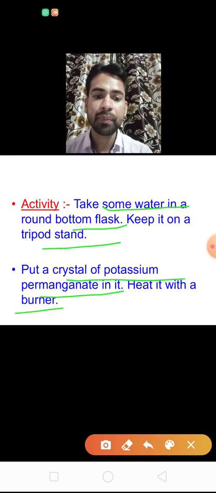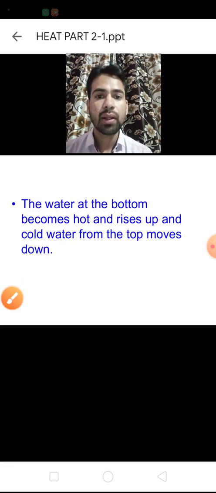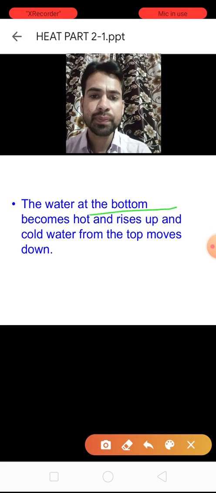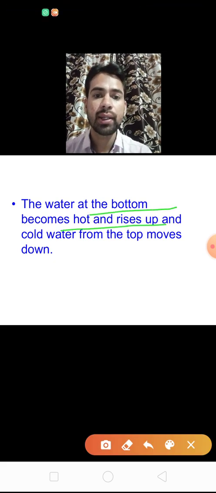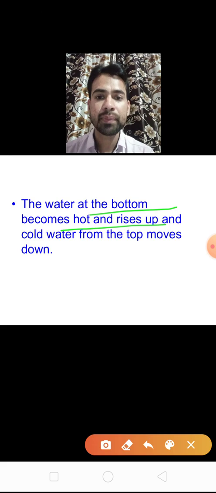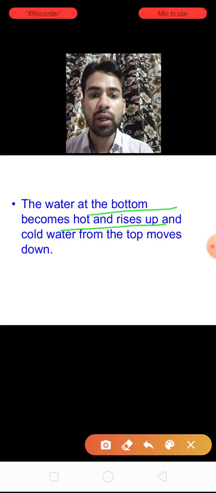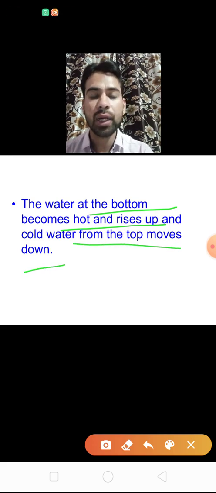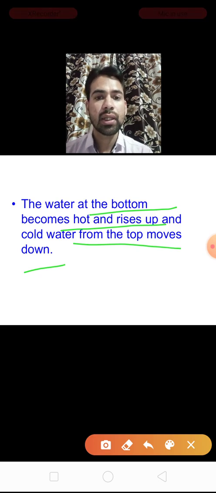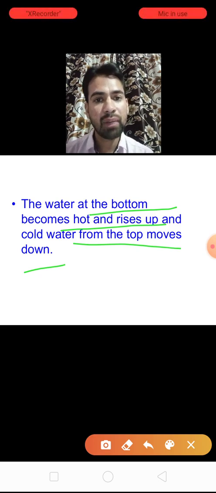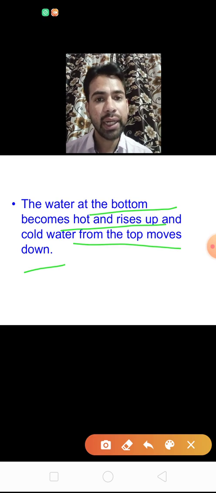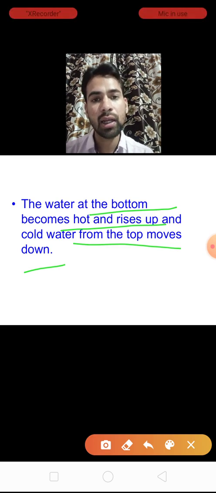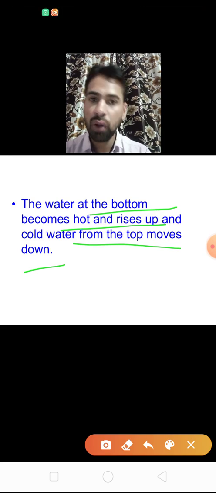flask. After that, the water at the bottom becomes hot and rises up, and cold water from the top moves down. It means the water at the bottom will be heated first, then it goes upside, and the upper part of the cold water will also become hot.